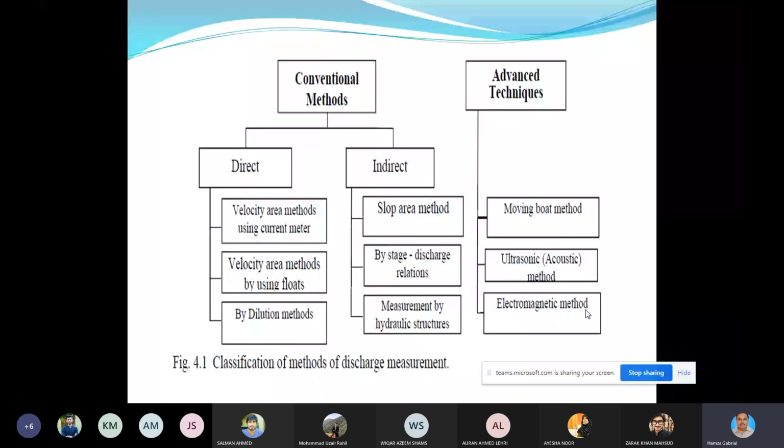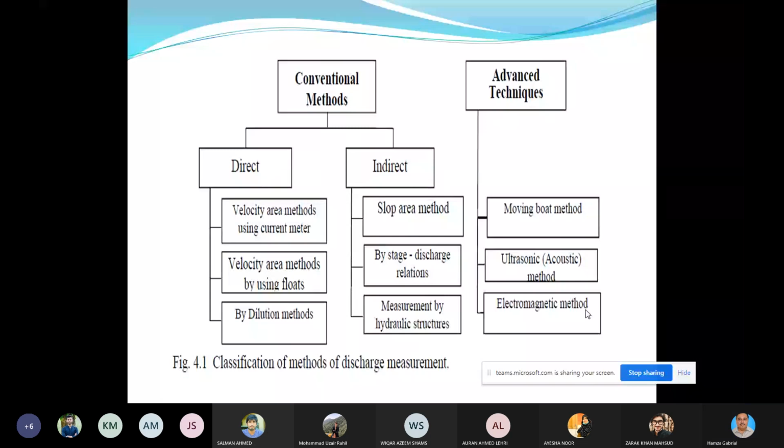These can be used to measure the discharge indirectly. Then we can make use of the stage discharge relationships, that is the rating curves, and if we just measure the stage, or the water height or depth, we can get the discharge through the rating curves.